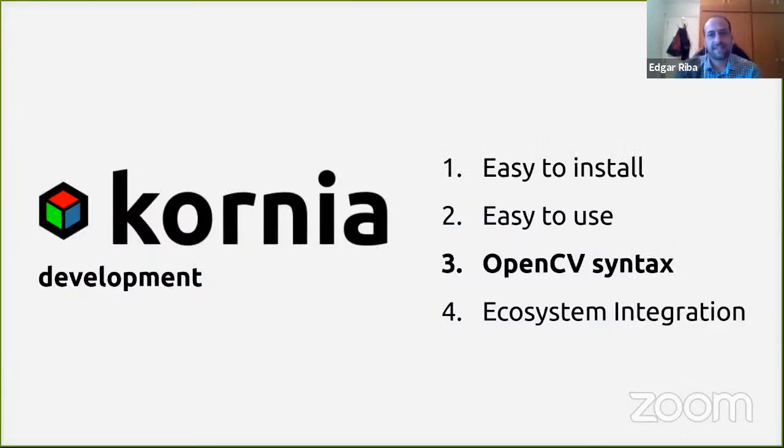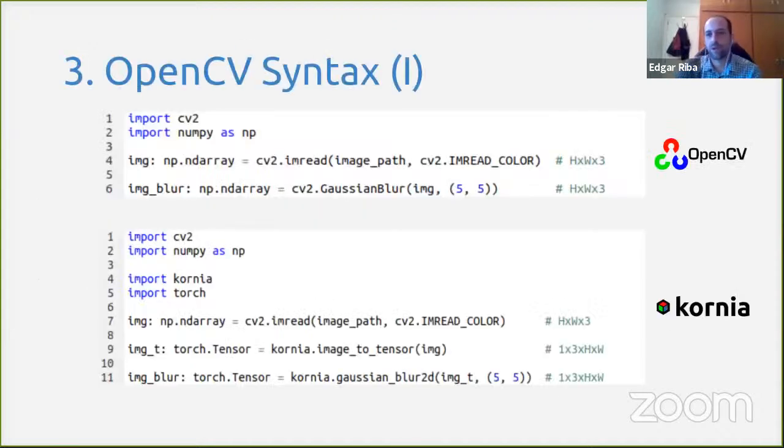Then finally, as I've been saying during the talk, we are compatible, or we try to be compatible, with OpenCV. Every single function tries to be very similar in the way you use it in OpenCV. Here you can see that it's very, very similar. The gap between using Kornia and OpenCV is very small.